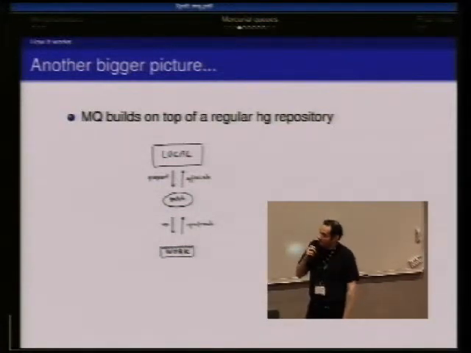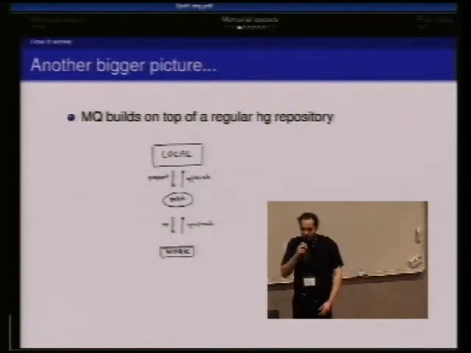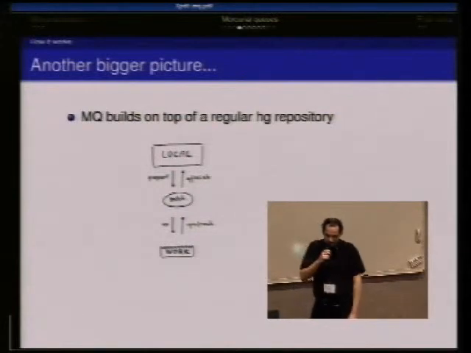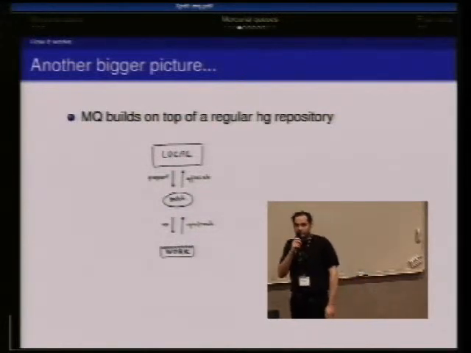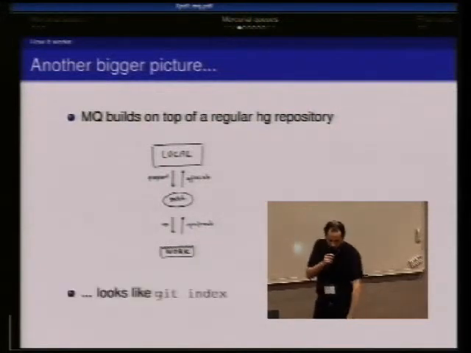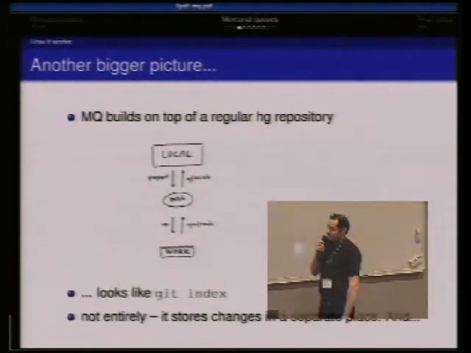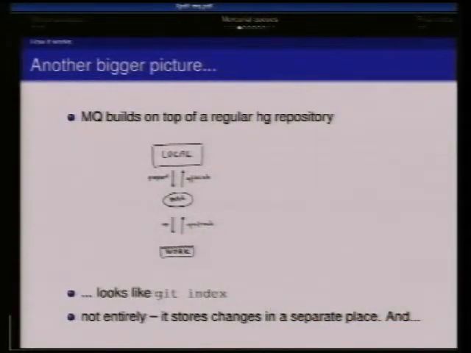But that's not really as helpful as it could be, because you're still stuck with one thing that you can change, but if you want to work on two things at the same time, it doesn't really help a lot. So, the thing is that the patch is stored somewhere else. It's not part of the repository itself.